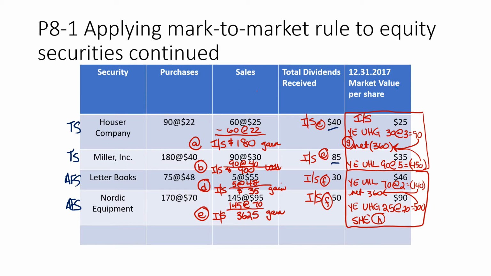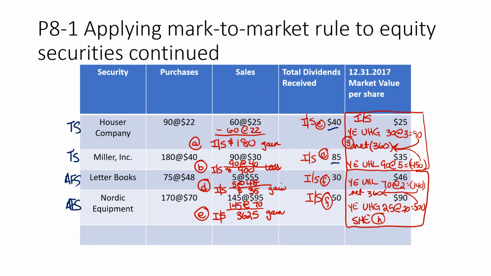So if we sold 5 at 55, what was its basis? 48, what we purchased it for. So we had a $35 gain, 5 shares times the difference between 55 and 48. So $35 gain. And that's an actual gain that shows up on the income statement.